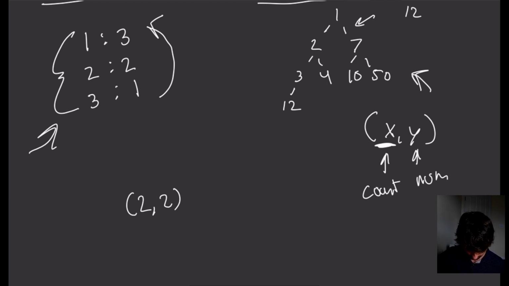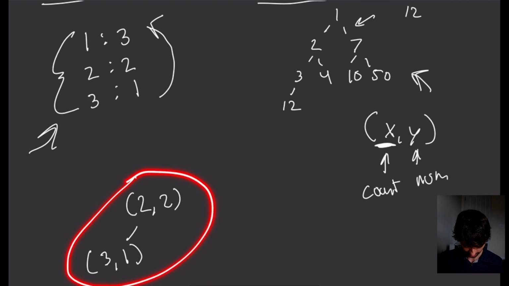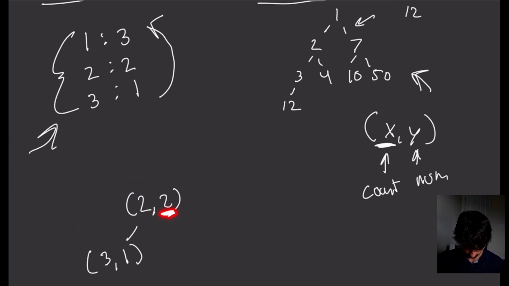And because 3 is larger than 2 in terms of the count, it would be a child, and we would get this. And now we're at the end of the dictionary, so we would just be able to look at our heap, which is this, and we could just extract, not the counts, but we could extract the 2 numbers that are associated with everything in the heap, and that would give us our solution of 2 and 1.